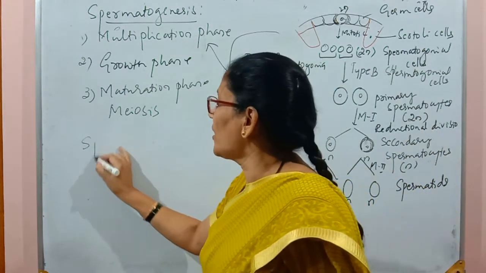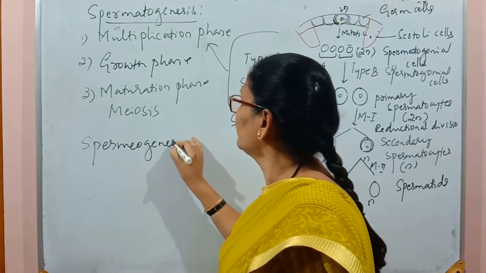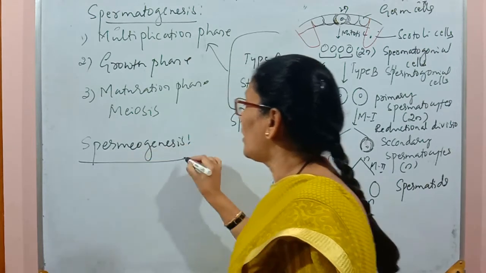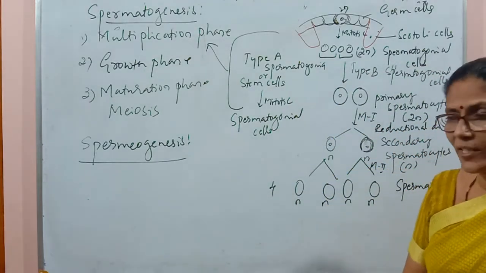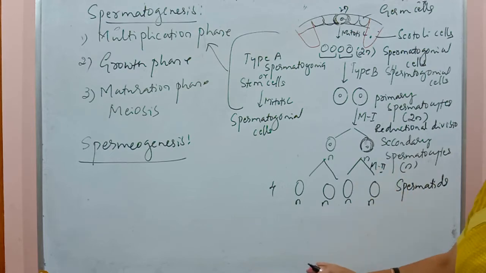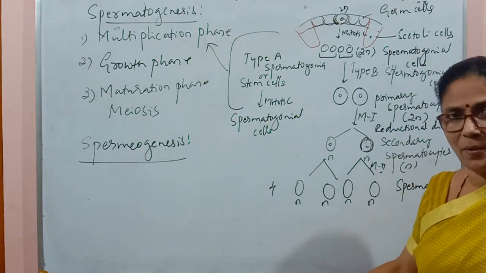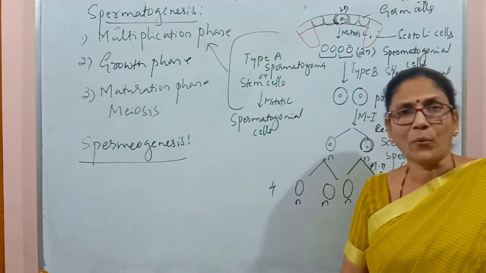So the next stage is spermiogenesis. We have already discussed the meaning of spermiogenesis: it is the transformation of spermatids into active or functional sperms. We may call this a single step process.